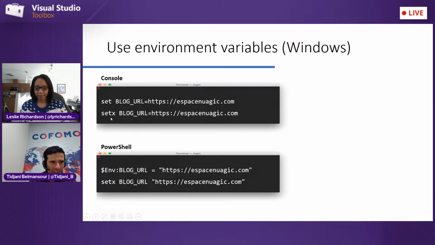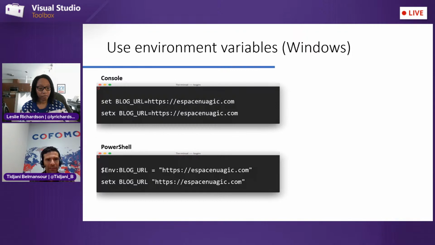If you want to persist it across sessions, you use the setx command. Okay, what does it mean? It means that this environment variable will persist for every terminal session in your user account.